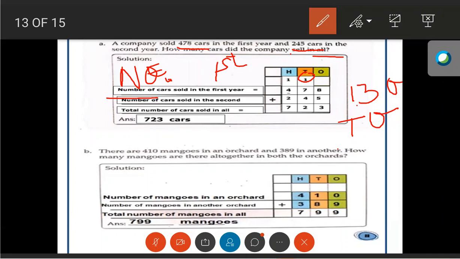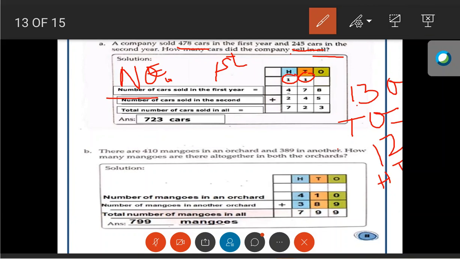8 plus 4, 12. 12 tens is equal to what? 100, 2 tens. So 2 tens will come to the tens row. 100 will go to the carry forward in the hundreds row. So 1 plus 4 is equal to 5.